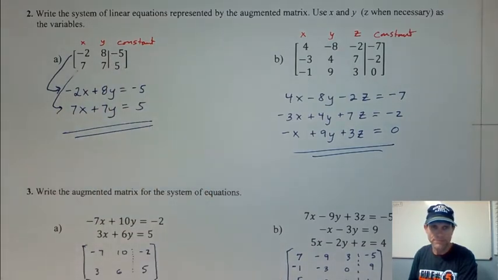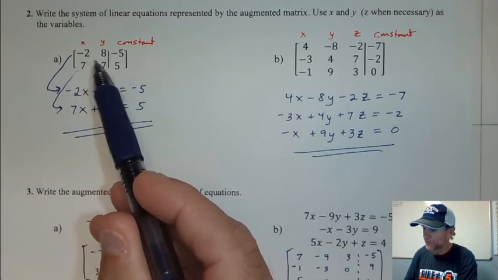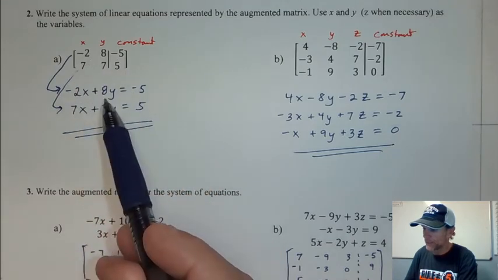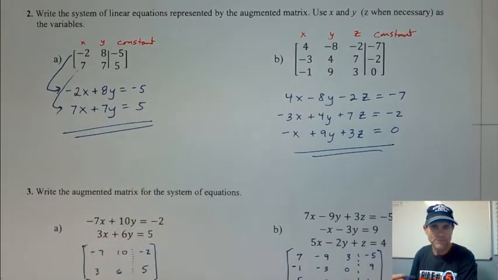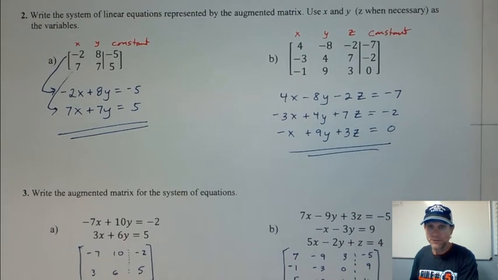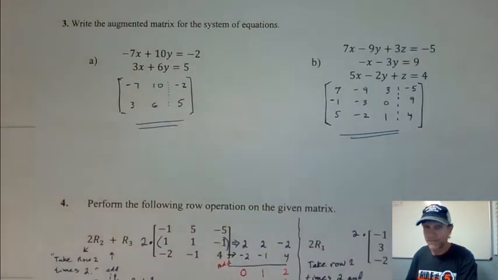So hopefully you can see that this first equation is negative 2x plus 8y equals negative 5. And then they just do that for a 3 by 4 matrix also. So just be careful with your signs. It's more just getting the data in the right spot.